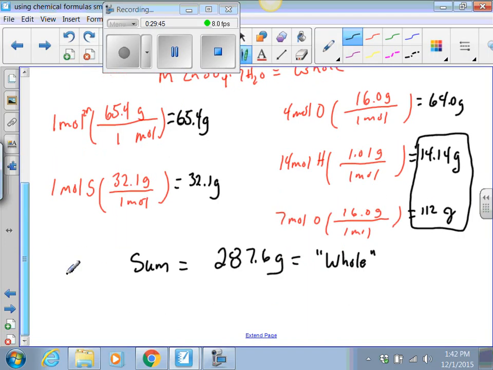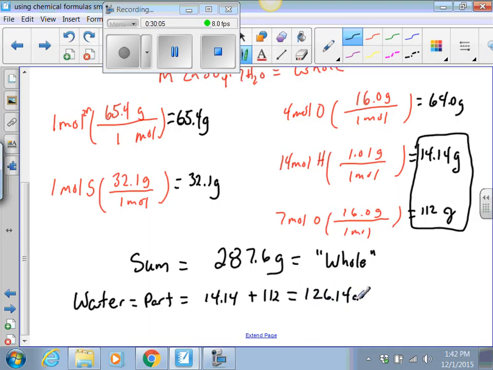Okay, so the part, and that's going to be 14.14 plus 112, and that's going to be 226.14. I mean 126.14 grams.